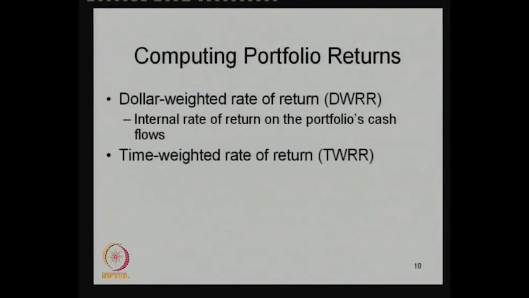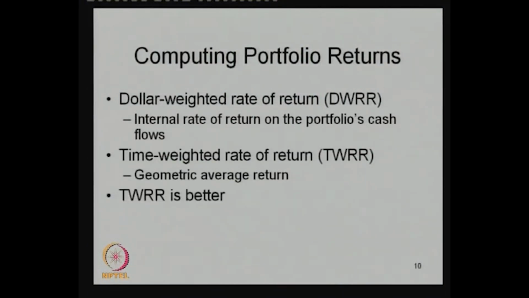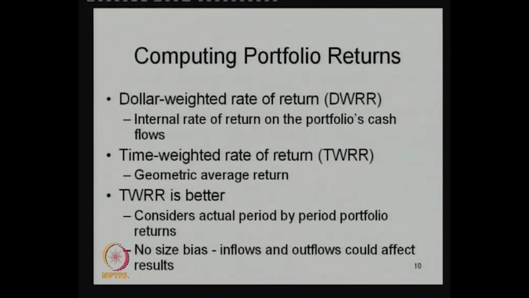That is why there are different methods we use to do this. One is the dollar weighted rate of return, where we take the internal rate of return on the portfolio's cash flows. We calculate it by putting weightage on the basis of the cash flow.